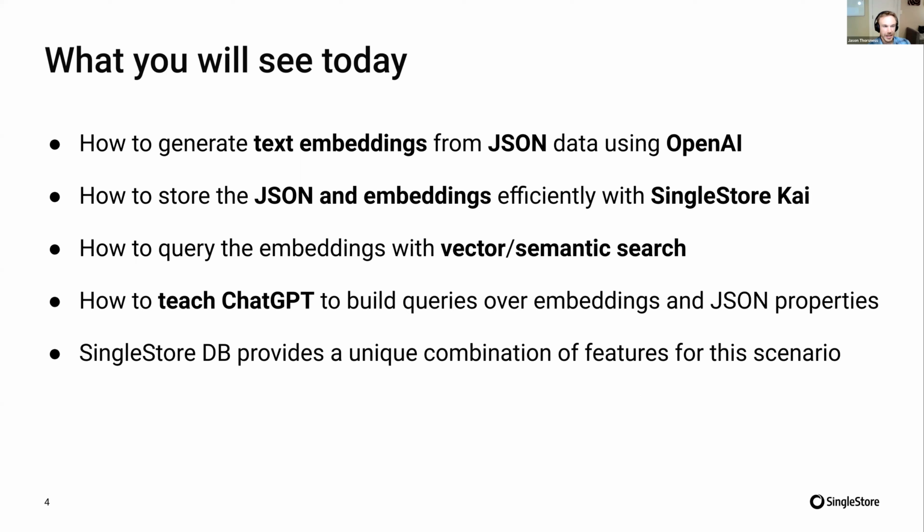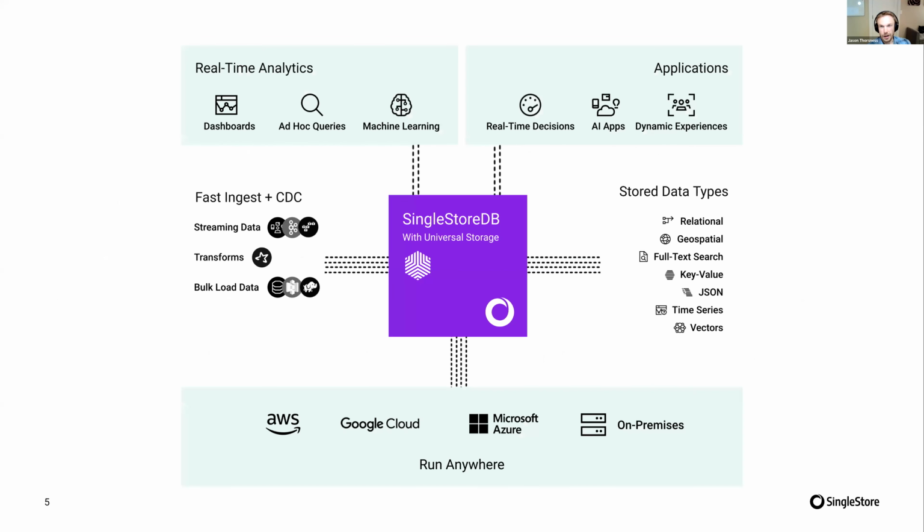And SingleStore DB as a platform provides a unique combination of features that really make this scenario work well. So let's talk a little bit about SingleStore DB for those of you who might not know much about it. SingleStore DB has a core storage engine that combines row storage concepts with column store.